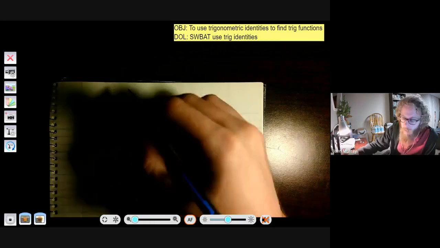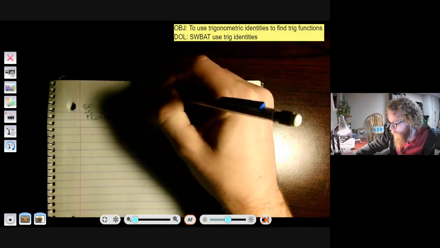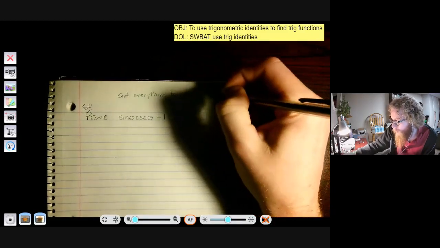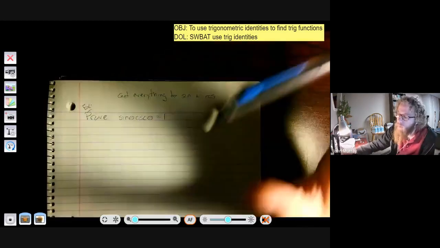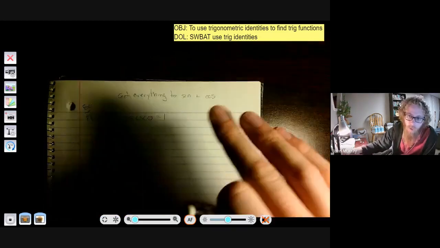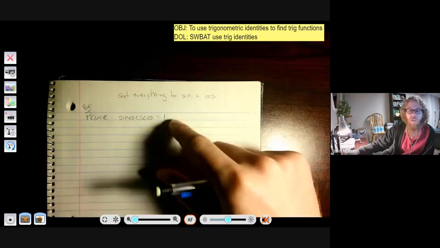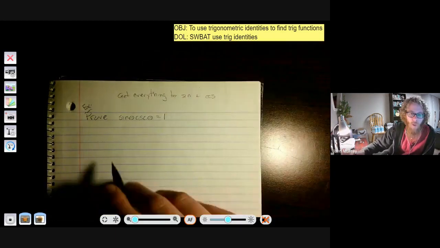My general rule for this is our two most basic functions are sine and cosine. You can't break those down any further. So get everything into terms of sine and cosine and then manipulate further.